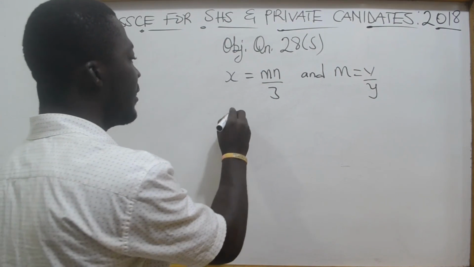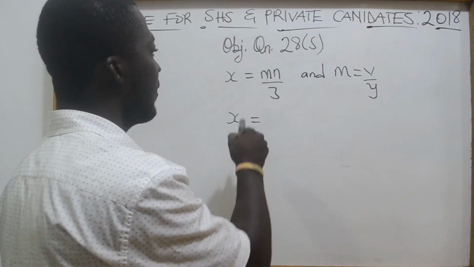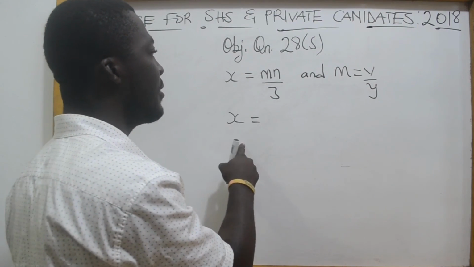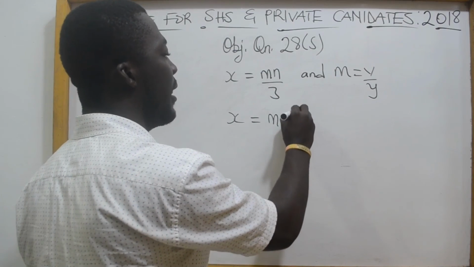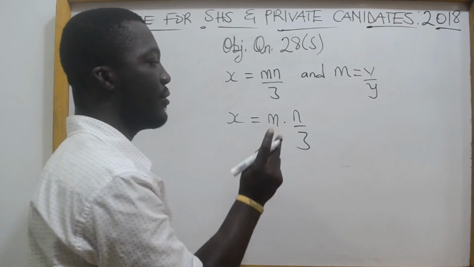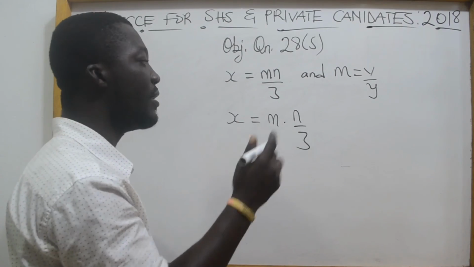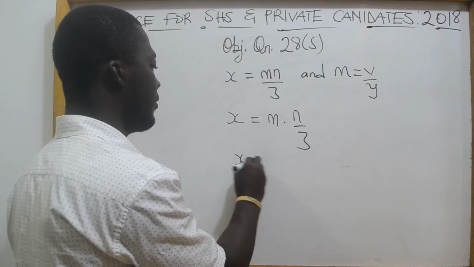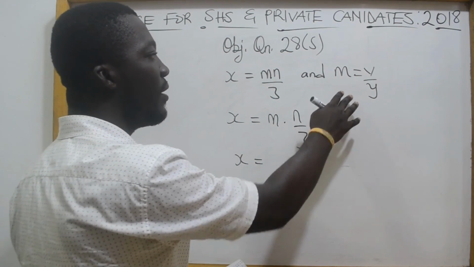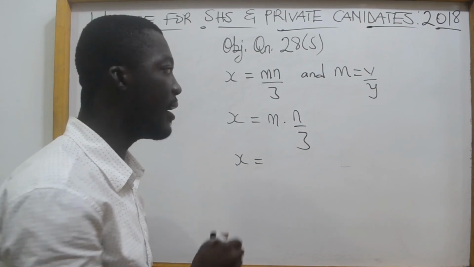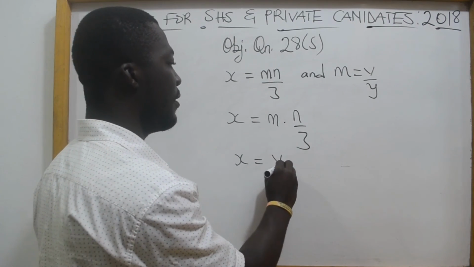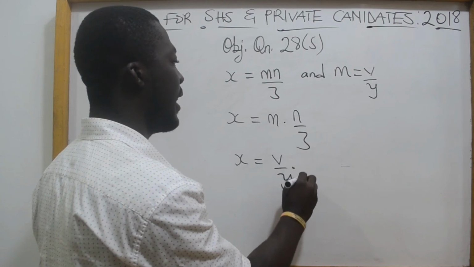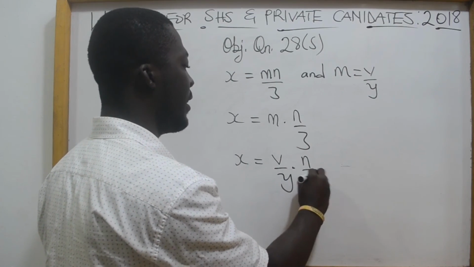So we can rewrite x, this expression as x is equal to m multiplied by n over 3, so that m times n will give you the same mn. So when we substitute the value for m, which is v over y, into the equation, we are going to get v over y times n divided by 3.